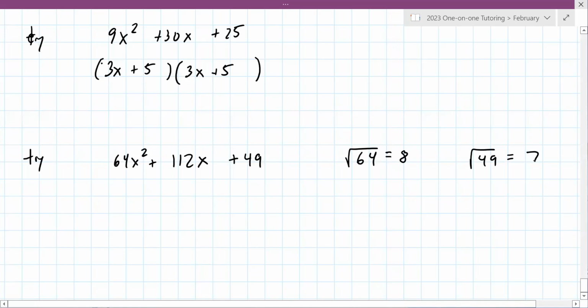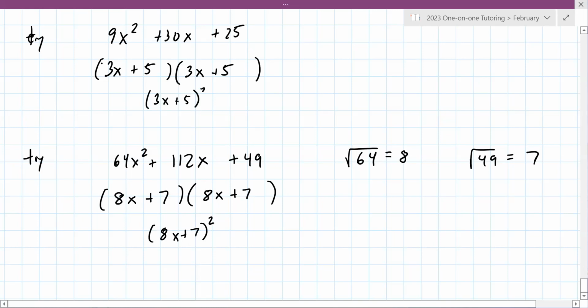The square root of 49 is 7. What would go in parentheses? It would be 8x plus 7, and then another 8x plus 7. And it could end up being 8x plus 7 squared? Yes, same thing as the previous problem here.